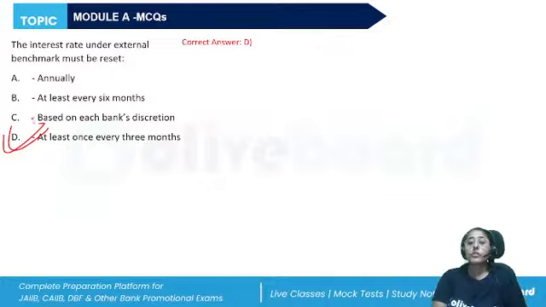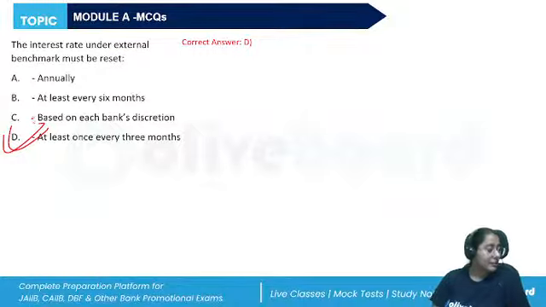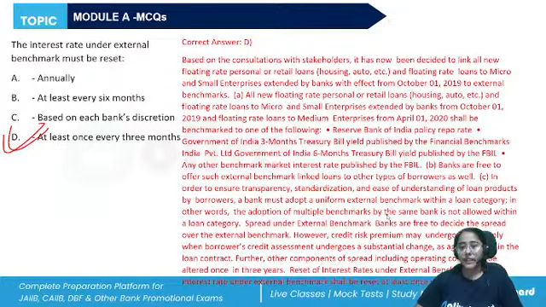When we are talking about the external benchmark, then we can use the RBI policy repo rate. We can also use the Government of India 3 months Treasury bill yield published by the FBIL or any other benchmark published by the FBIL, right? However, a uniform external benchmark within the loan category should be adopted. A uniform benchmark under one loan category will be adopted.